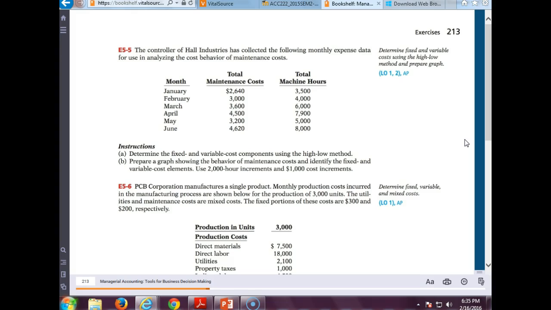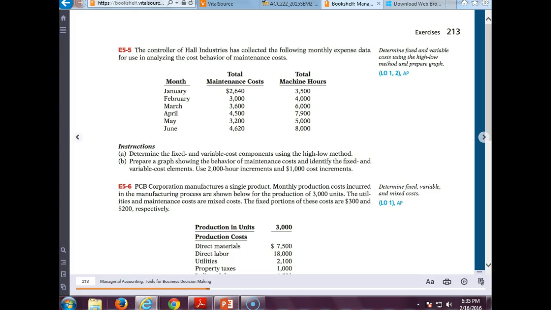June. Total maintenance cost of $4,620. Total machine hours, 8,000. What's our low month? January. Total maintenance cost of $2,640 and total machine hours of 3,500, right?